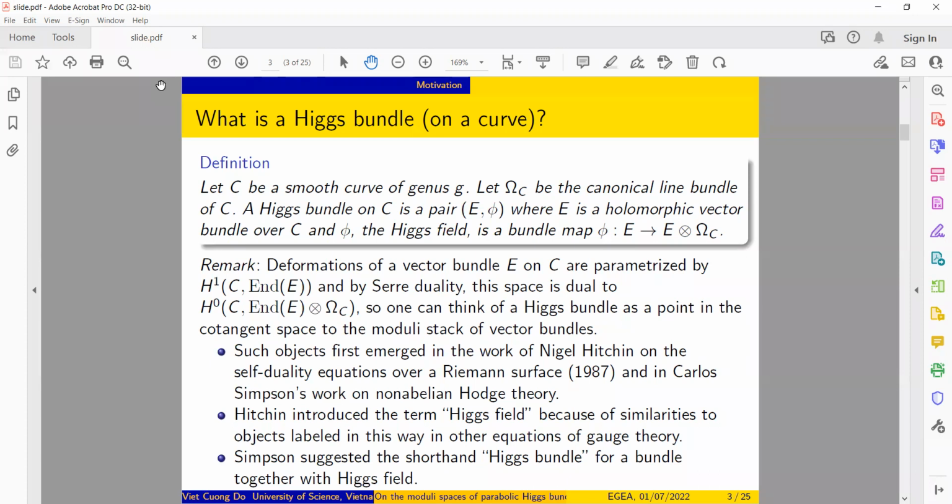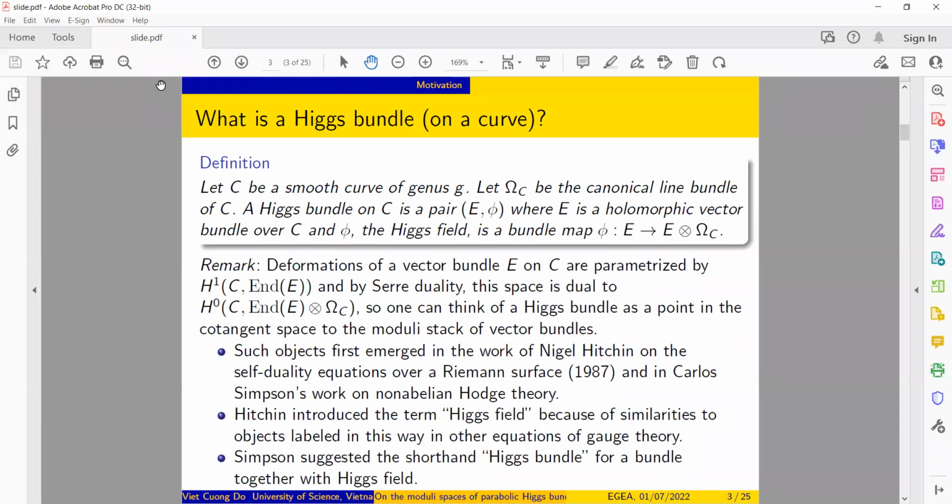C here is a smooth curve. In fact, I want C to be a projective curve and connected, but it's okay. So C is a smooth curve of genus g, and I take omega_C to be the canonical line bundle on C. A Higgs bundle is a pair (E, phi), where E is a holomorphic vector bundle over C, and phi is a Higgs field. It's a bundle map from E to E tensor the canonical line bundle.